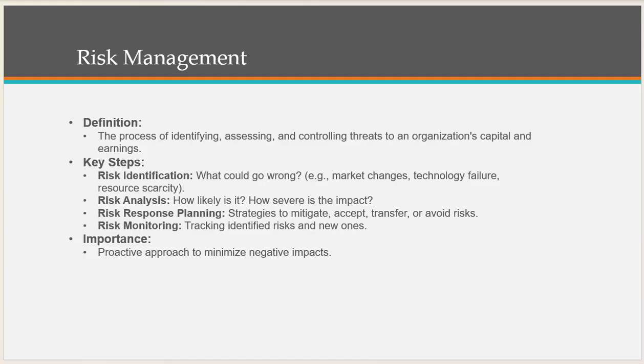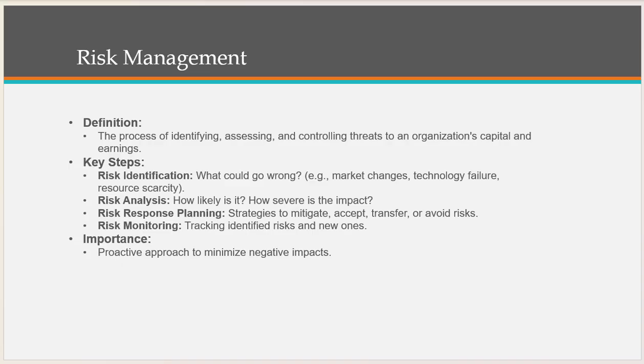You should use those techniques. Risk management is the process of identifying, assessing, and controlling the threats to the organizational capital and earnings. It addresses what would stop you from achieving your goals and objectives and solving the business problem.